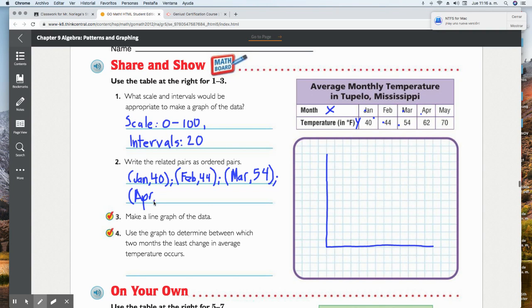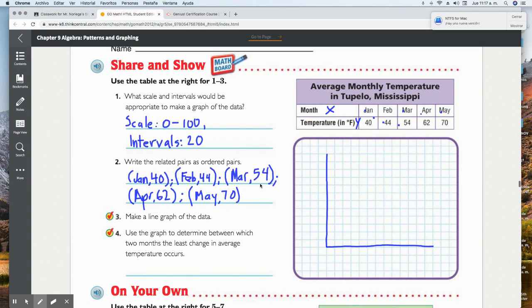I know that this is not a number, but it's the x-axis, and 62 degrees was the temperature in April. The last one is May. I'm going to open another set of parentheses, write May as my x-axis and comma 70 degrees for my y-axis.